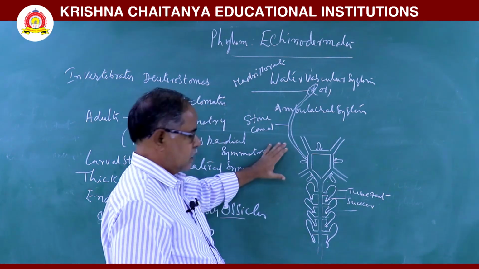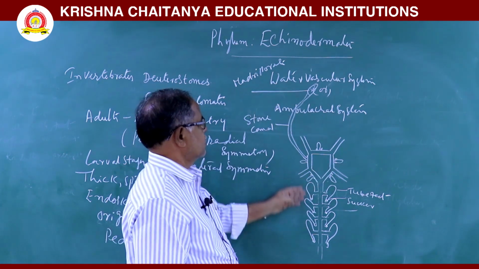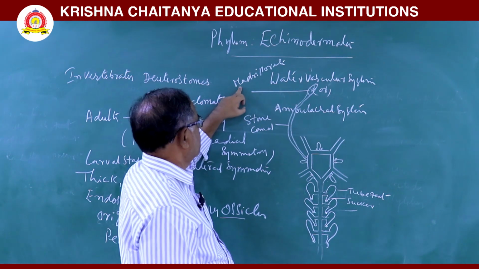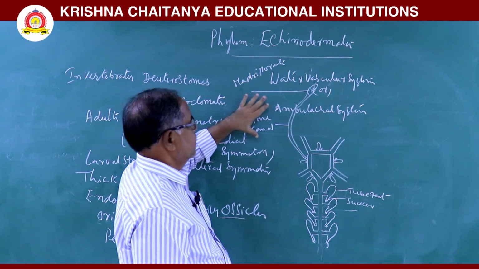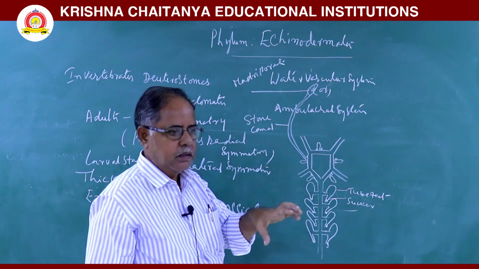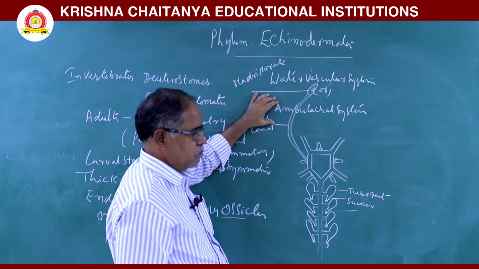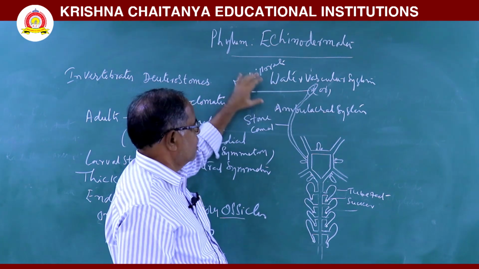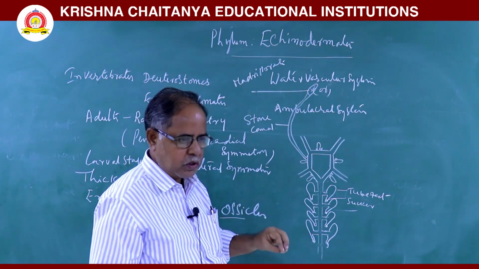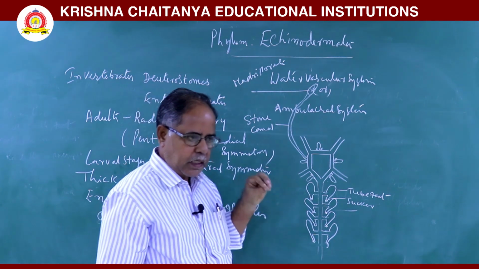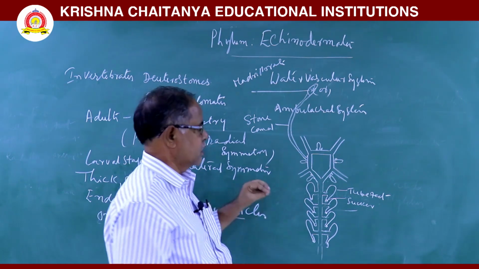In this water vascular system, the surrounding marine water comes into the system through a pore. That pore is called the madreporite. This ambulacral system or water vascular system is used in locomotion, capture of food, transport of food, and also in respiration.